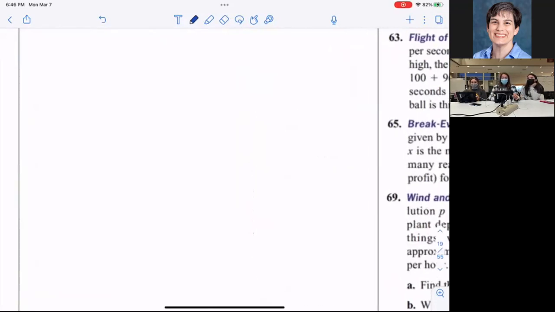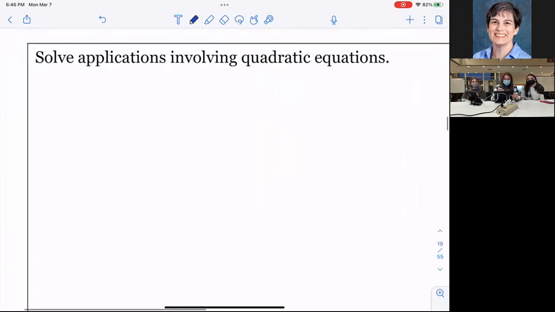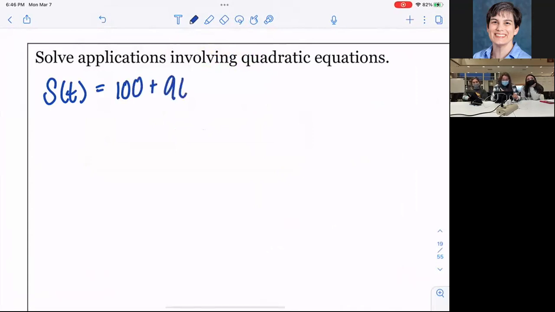So, okay, I've got S of t equals 100 plus 96t minus 16t squared. Okay, this is my feet. It's wanting where this equals 228. So here's what I'm thinking.